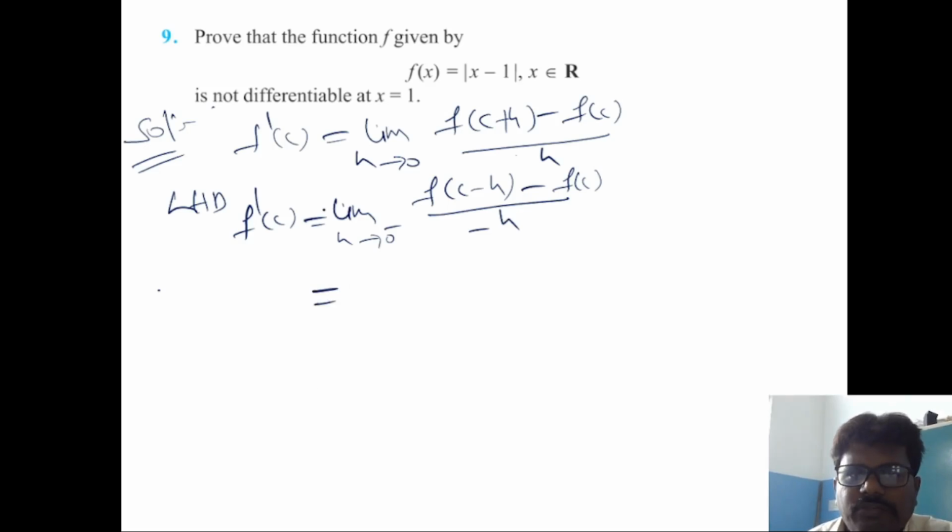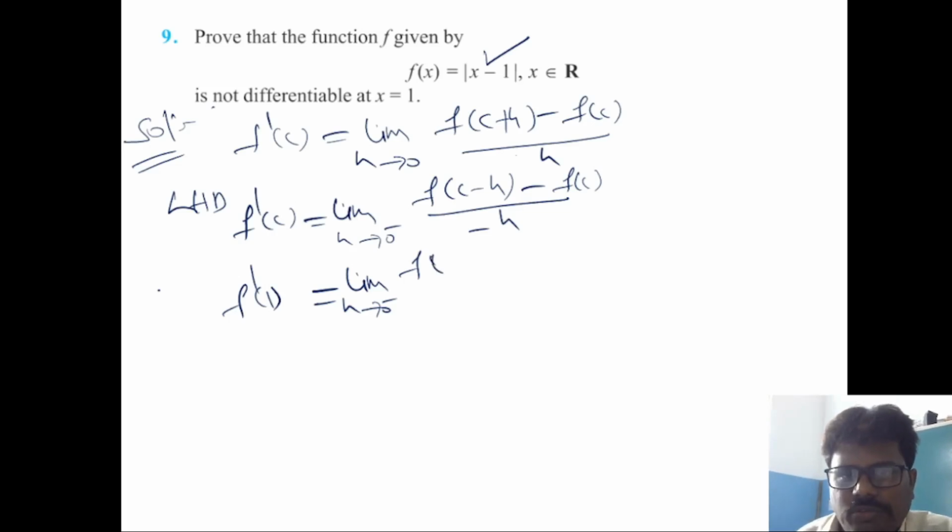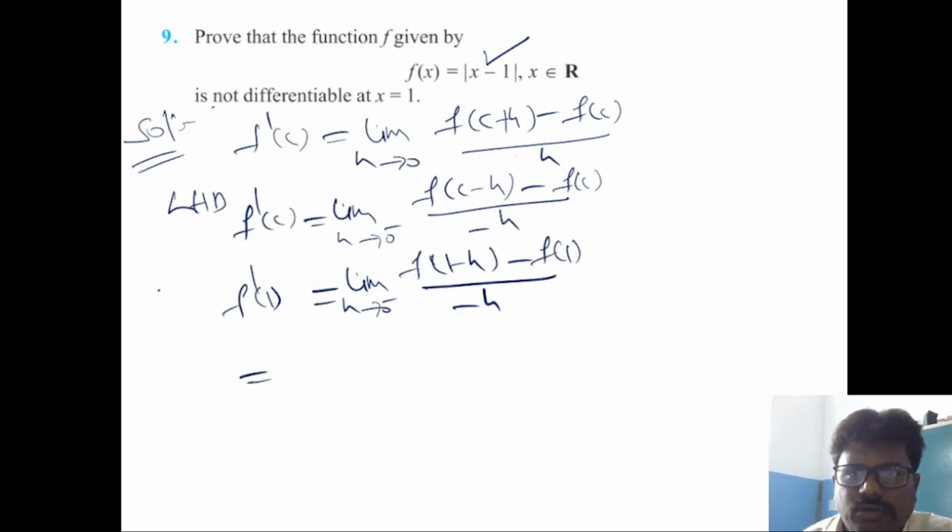So here the given function is very clear, f of x is equal to modulus of x minus 1, and limit h tends to 0 minus f dash of 1, because at point 1 we have to check, so take c is equal to 1. So f of 1 minus h minus f of 1 divided by minus h. So f of 1 minus h value we have to write, so modulus of 1 minus h means substitute in place of x put 1 minus h, then you will get modulus of 1 minus h minus 1, minus f of 1, which is 0, right?